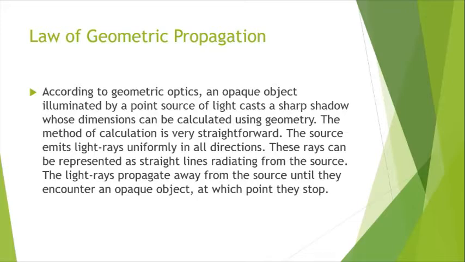These rays can be represented as straight lines radiating from the source. Then the light rays propagate away from the source until they encounter an opaque object, at which point they stop.